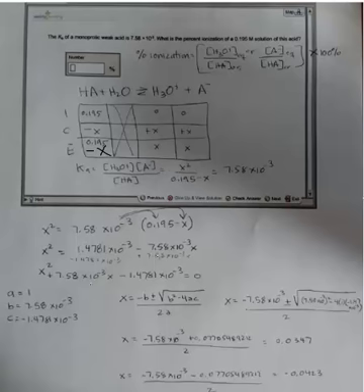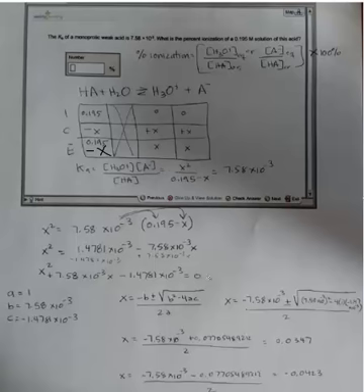Now I want to get this in the form ax squared plus bx plus c equals 0. So I'm going to subtract 1.4781 times 10 to the minus 3, and I'm going to add 7.58 times 10 to the minus 3 x to both sides of the equation. And now I have my equation in the form ax squared plus bx plus c equals 0.